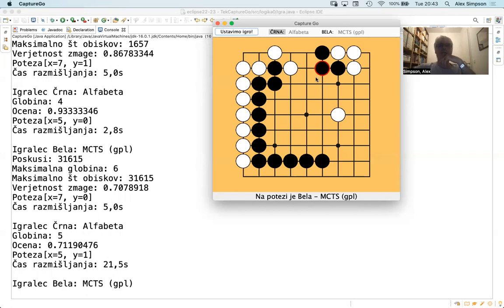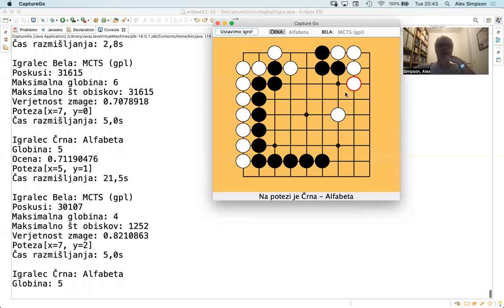And it seems to have allowed white, maybe it needed to do that, to escape from its tight spot in that corner.